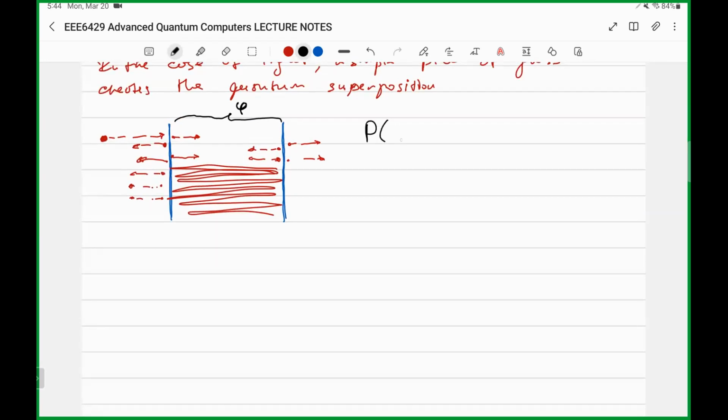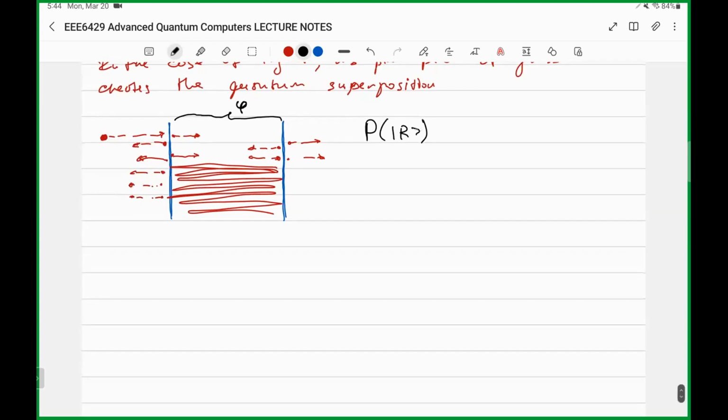So the probability of finding the photon on the right side, let's denote it by R, right? This probability of finding the photon on the right side of this picture will be something like 1 over 2, times 1 plus cosine phi.